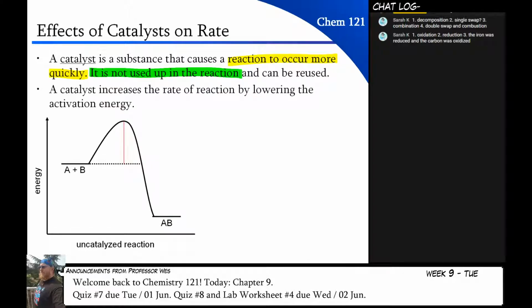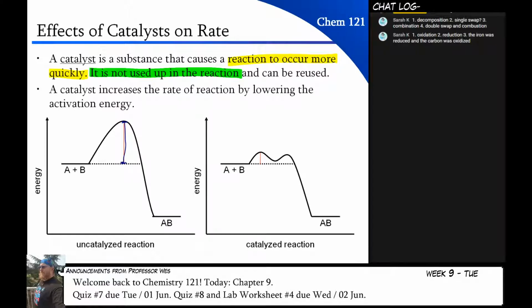So here's an example of an uncatalyzed reaction. So we've seen this already. This reaction requires lots and lots of energy to activate. But if I add a catalyst, what happens is that I provide a new reaction pathway, and I get a new energy diagram.